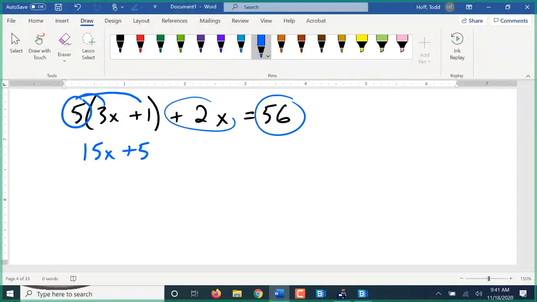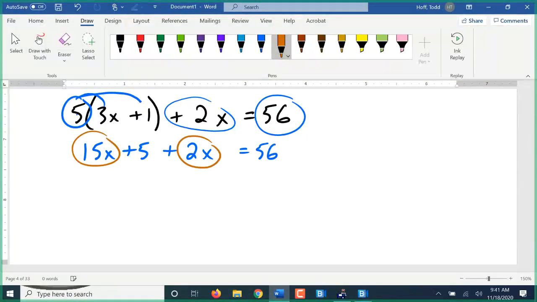Now we still have the plus 2x there. And we still have things we can combine on that left side. 15x and 2x makes 17x. We still have the plus 5. That equals 56. Now we've combined everything we can combine.